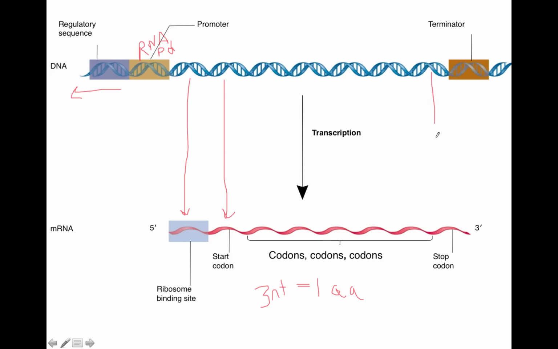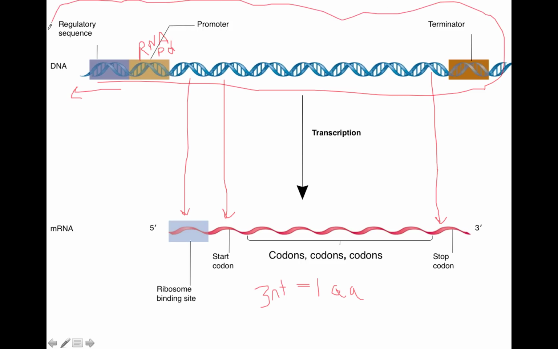Also embedded in this code is the stop codon, where protein synthesis terminates, which is not to be confused with the transcriptional terminator, which is where RNA polymerase stops making the RNA. So we're going to be concerned with this process for now, and we'll get to the other process later.